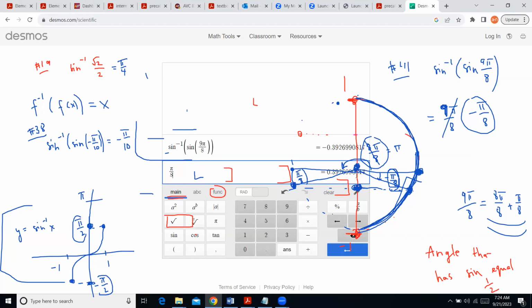But pi over 8 is positive, so it has to be negative, right? And that's what we just figured out. That's the same thing. Well, here it is. So you see that's indeed negative pi over 8.